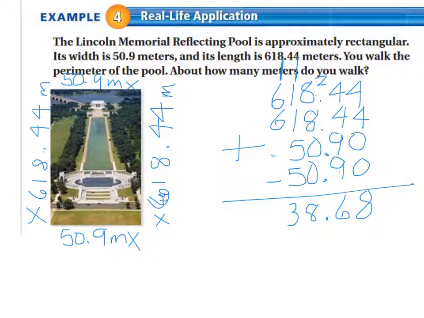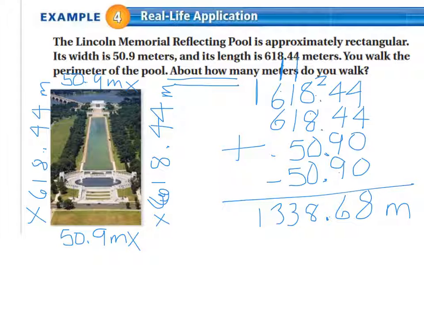Regrouping again. 6 and 6 is 12, and 1 more is 13. The perimeter around is 1,338.68 meters.